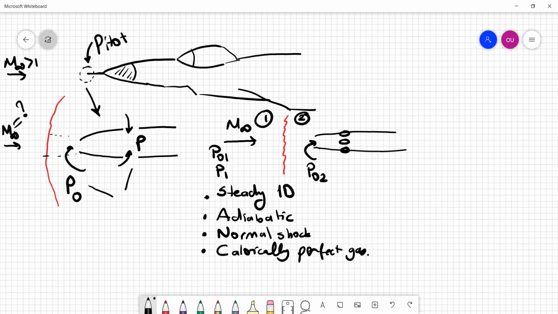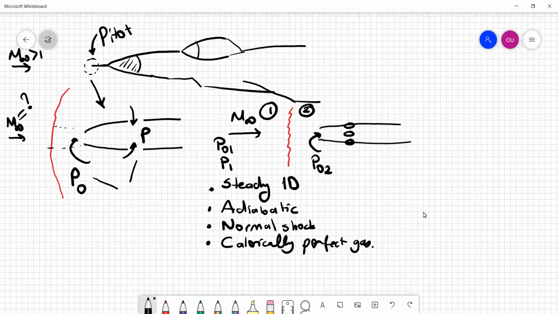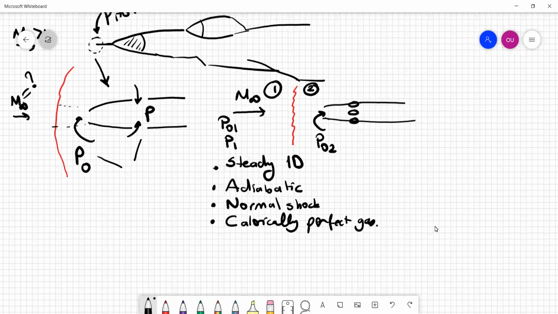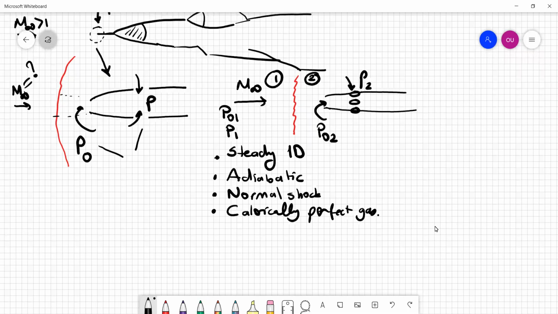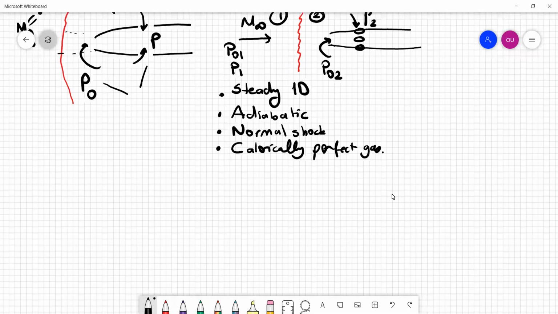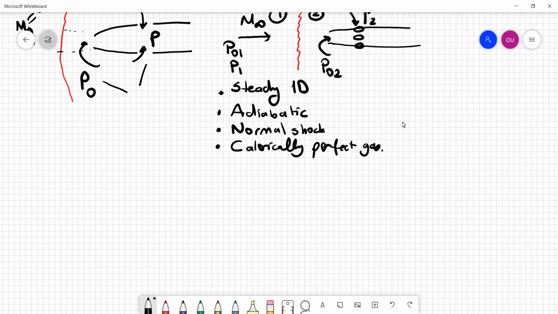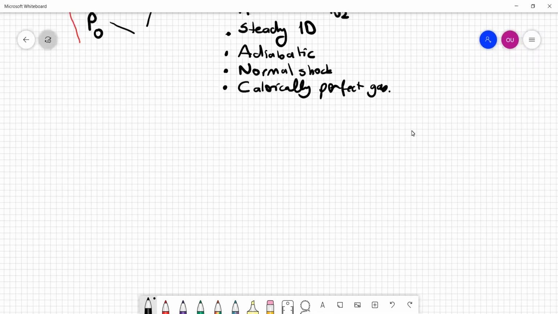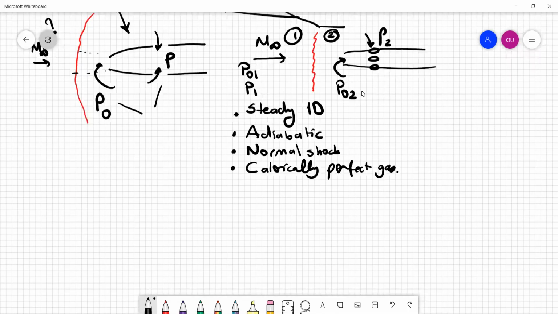So our problem is to analyze this case using whatever we learned so far, and come up with a relation directly relating M infinity to these two measured quantities, P02 and P2, after the shock wave. Our starting point is the relationship between P02 and P2, because these are directly measured.